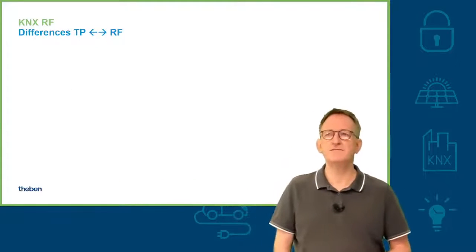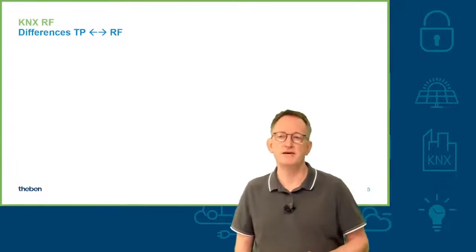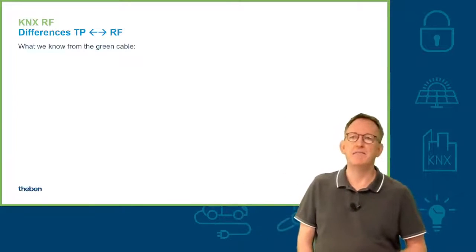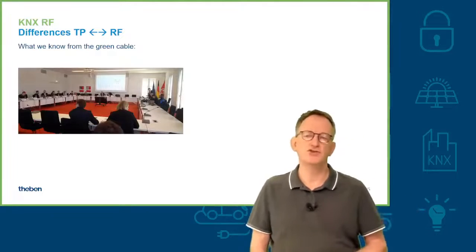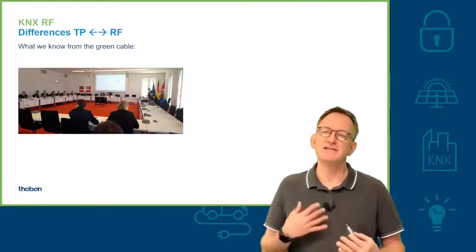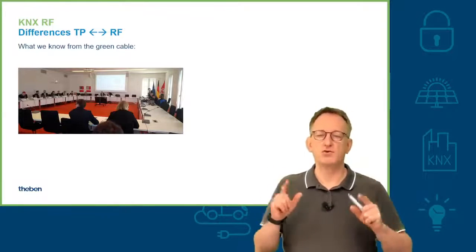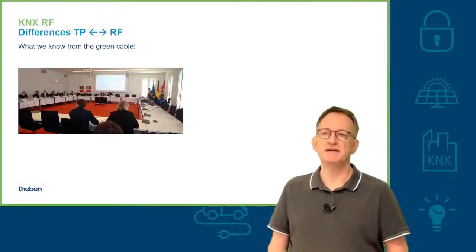So what is the difference between twisted pair, TP, and RF? Twisted pair is based on the green cable, and I would like to give you a short example to better understand the advantage of wire-based communication.